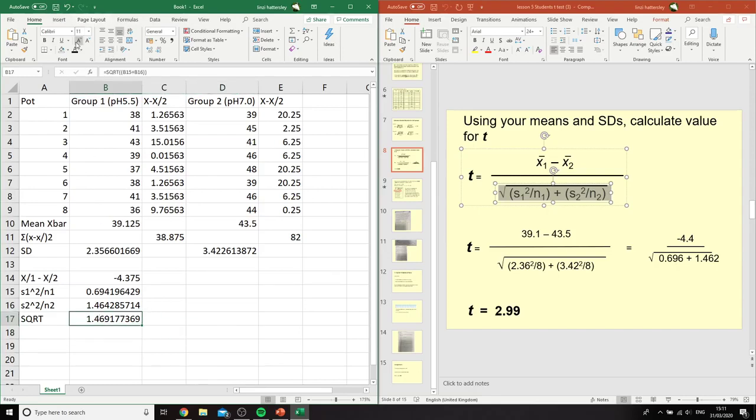Right. Just to make it clear. T-test. Okay, so the value is going to be top divided by the bottom.